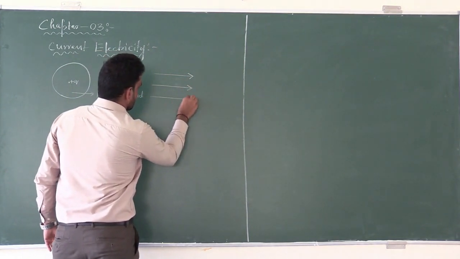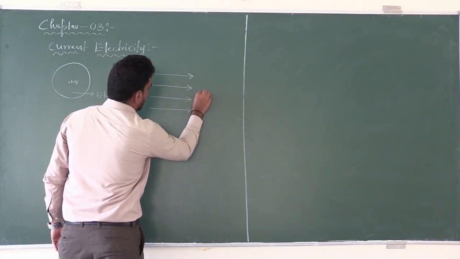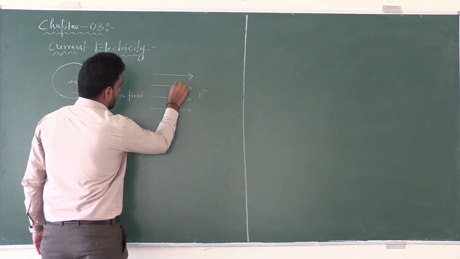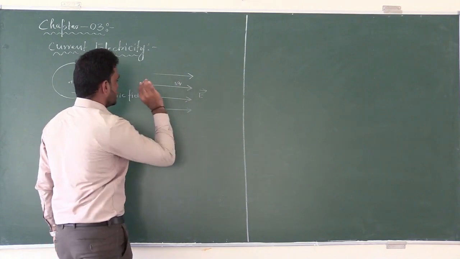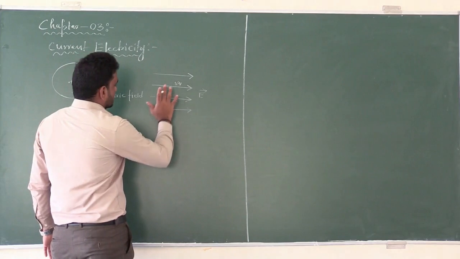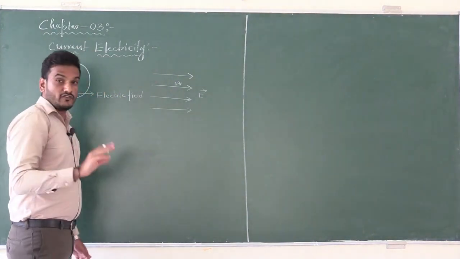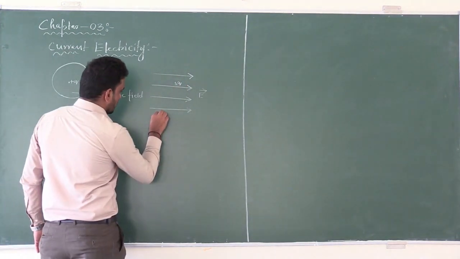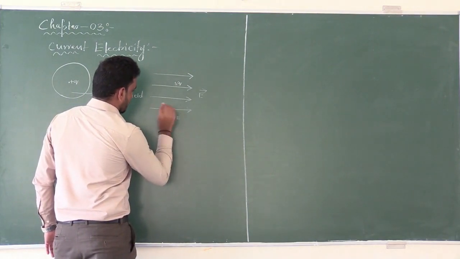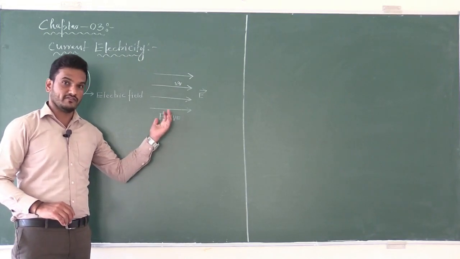You just imagine this line represents a uniform electric field. So I place a charge in the uniform electric field, either a positive charge or a negative charge. When the charge is kept in a uniform electric field, it experiences a force. What is the magnitude of the force? F is equal to Q into E. Even this equation we learned in the first chapter itself.